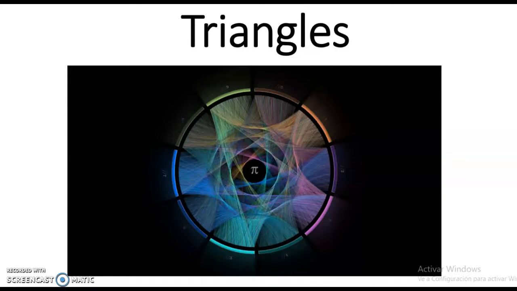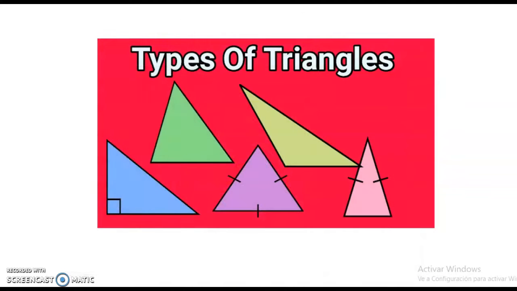If we can remember in the last class, we said that triangles are geometric figures or polygons which are formed by three sides and three vertices. Okay, the sides and the vertices.